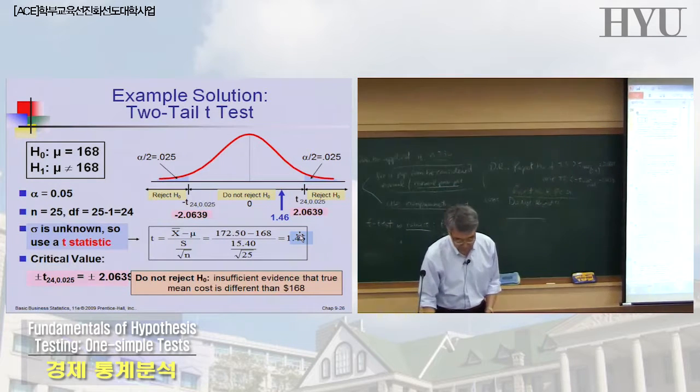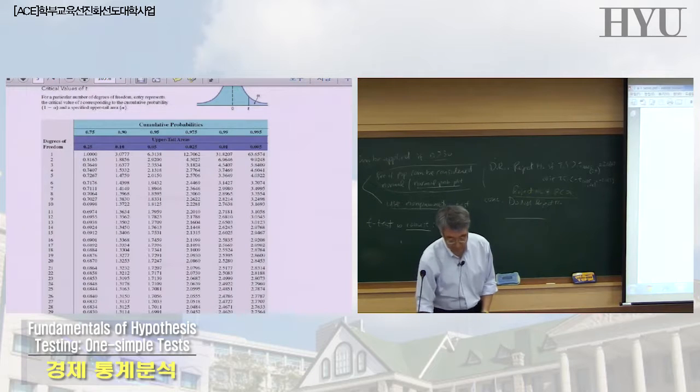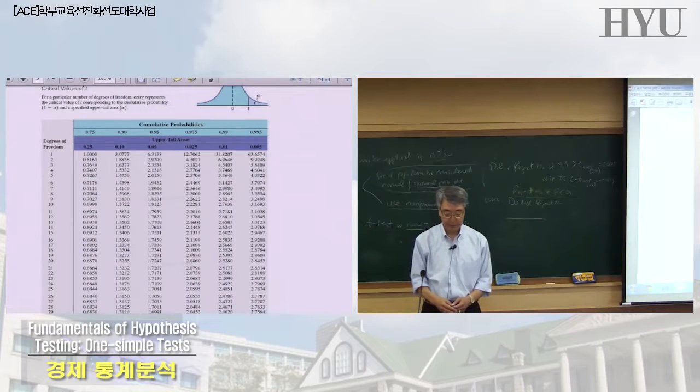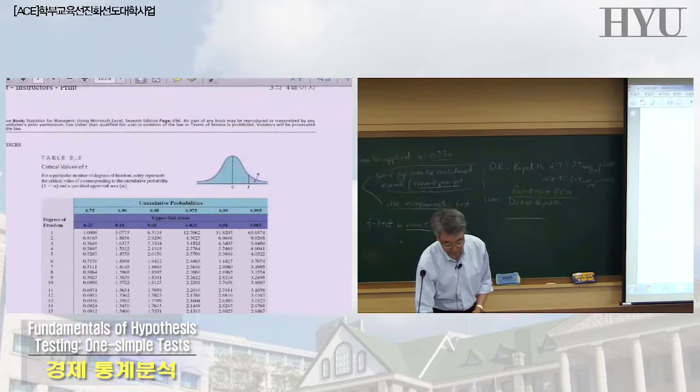But what about the p-value? We have 1.46 as a test statistic. So we have to find the area outside the test statistic. But if you look at the t-table, it's kind of hard to do that, because the t-table and z-table are different.